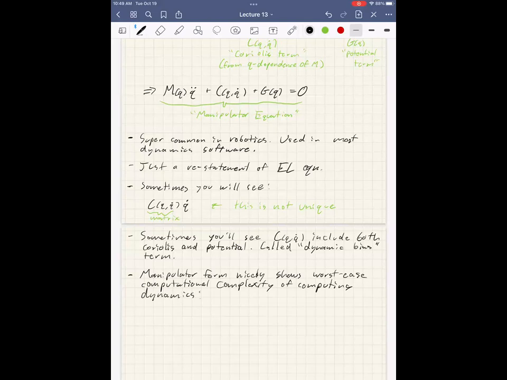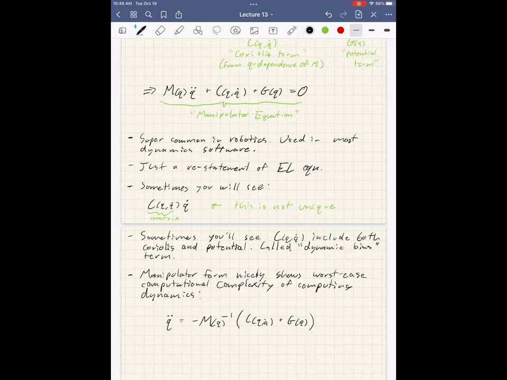That's the thing I need to compute to get x dot in my integrator, say, to simulate stuff. So if I solve this for q double dot, I have to move this over and solve a linear system, potentially with other stuff.